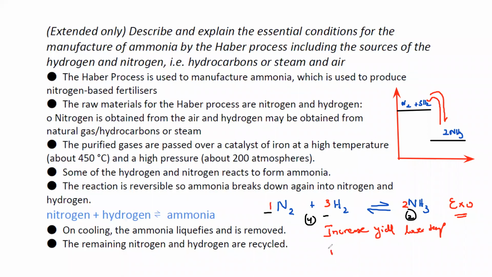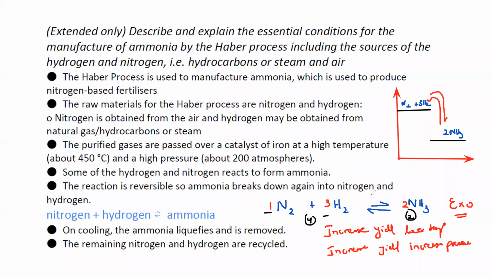So if we want to increase the yield of the product, we should increase the pressure. This reaction should be carried out at high pressure and low temperature so that the equilibrium shifts toward the right hand side and we get more ammonia.